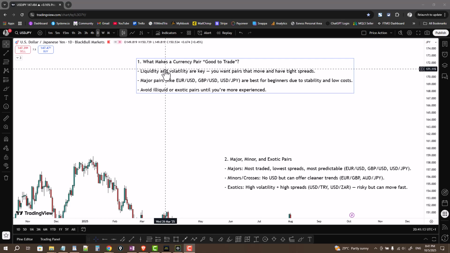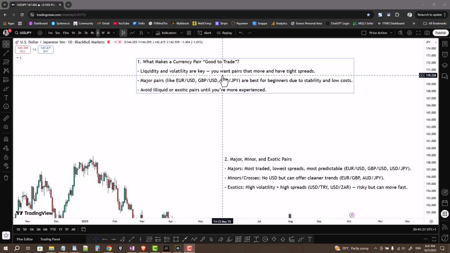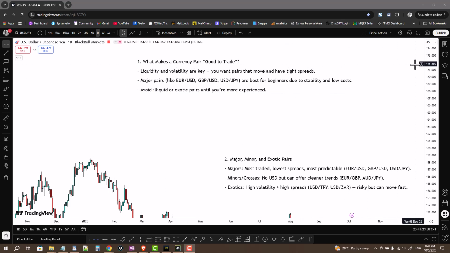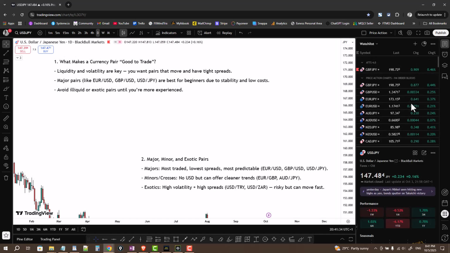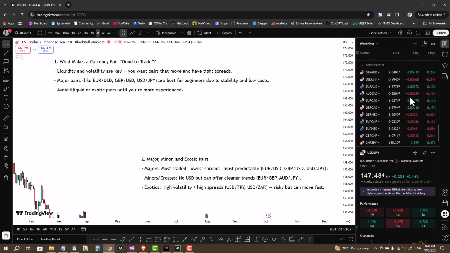In this week's episode, we're actually going to be talking about how to find the best Forex pairs to trade. If you've been trading for any period of time, or if you just got introduced to trading, then you're probably going to find out that there are lots and lots of instruments, currency pairs, and assets that you can trade.